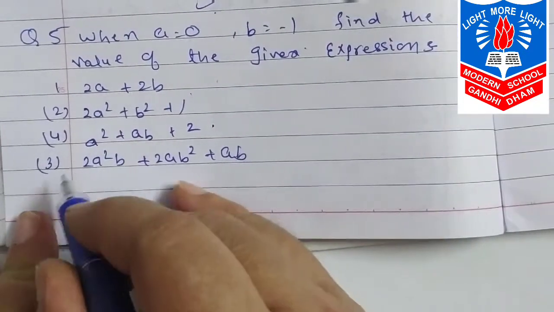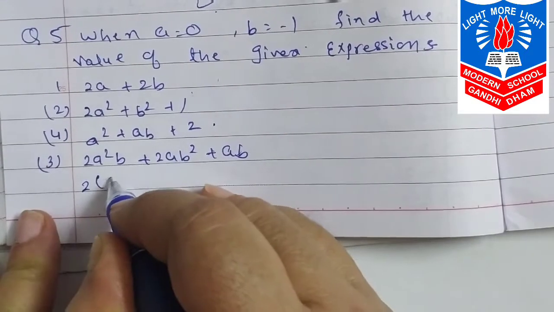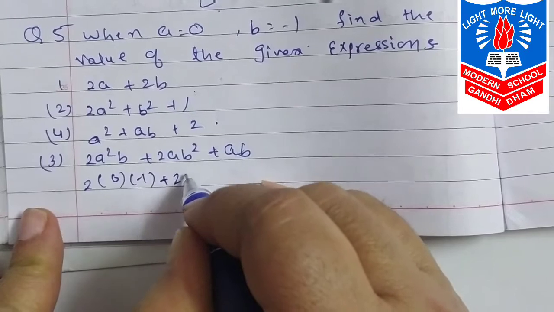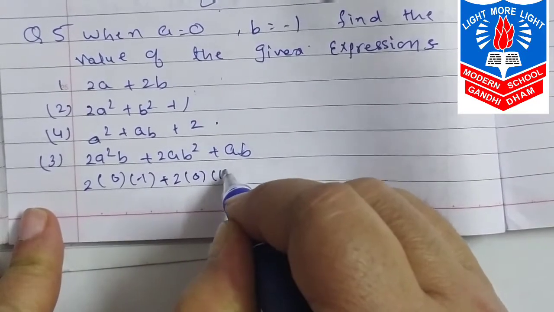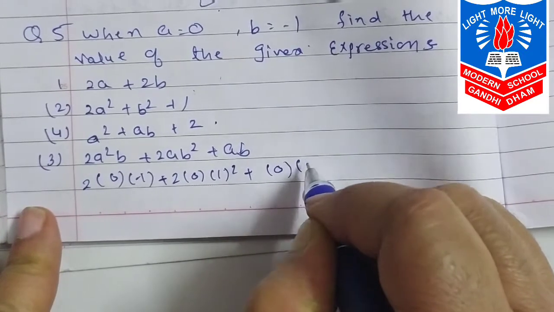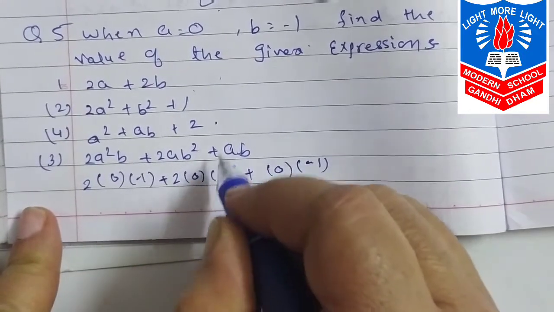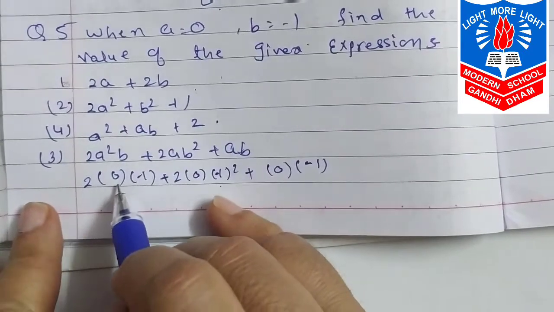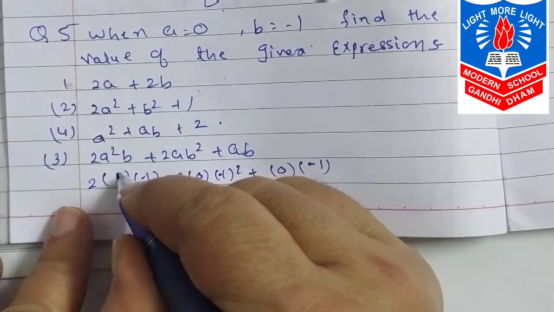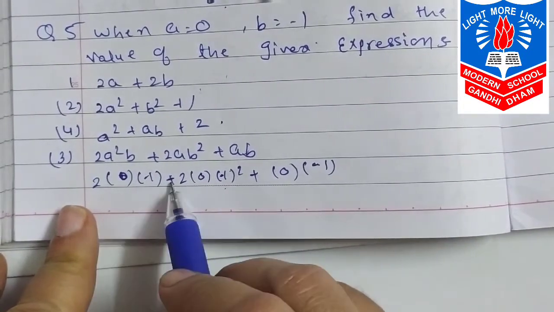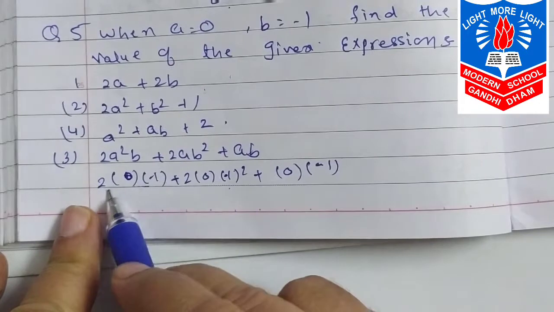First, just the value of a is 0 and the value of b is minus 1. So I keep here minus 1. But here you see there is a 0. In multiplication, if even one 0 comes, the value of this term is 0.